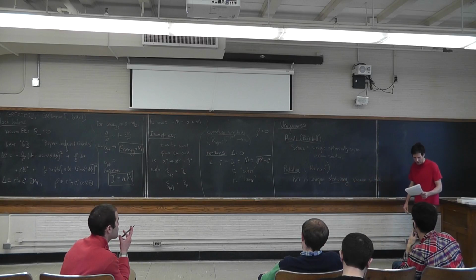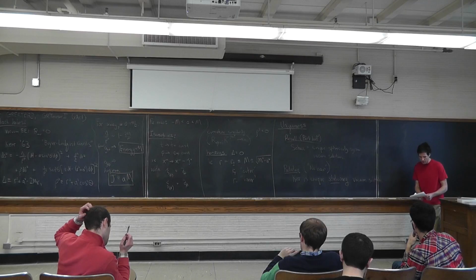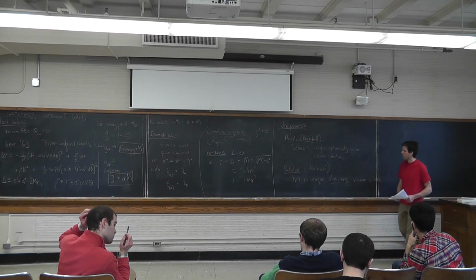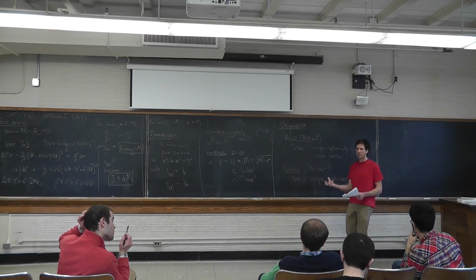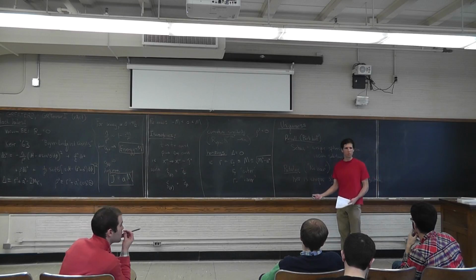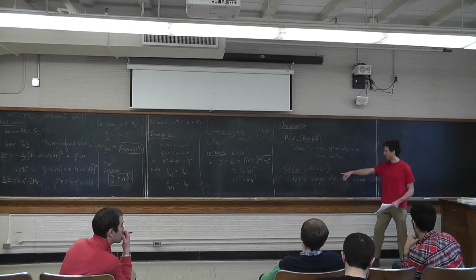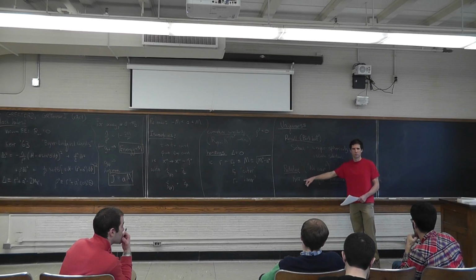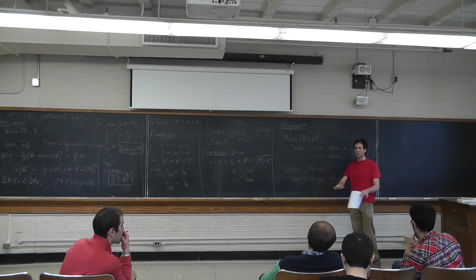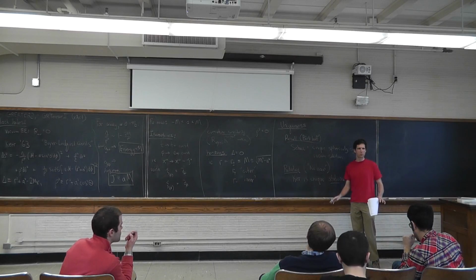But physically, the reason this is important is that it means that any rotating system which collapses to a black hole will eventually be Kerr. As long as you wait long enough, everything is a Kerr black hole.